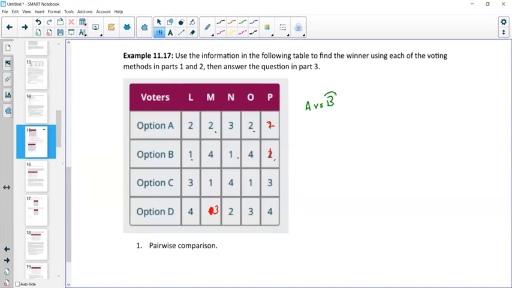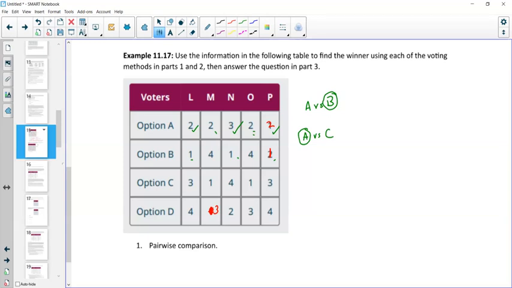So B is preferred by 3, whereas A is only preferred by 1. Now let's look at A versus C. A is preferred here, not here, here, not here, and here. So in that case, A is preferred by 3 of the 5, so A is preferred by more than C.